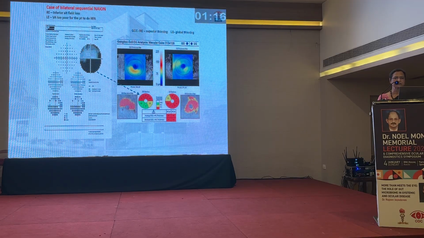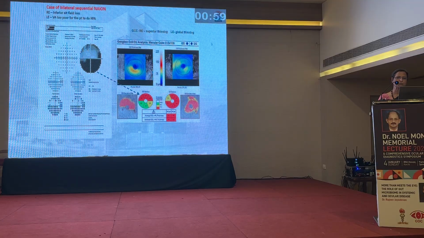We looked at the fields and found an inferior altitudinal field defect in the right eye, which was correlating with the superior thinning of the ganglion cell complex in that eye. In the other eye, the acuity was so poor that he could not do the fields at all, and that eye showed a global thinning of the GCC.